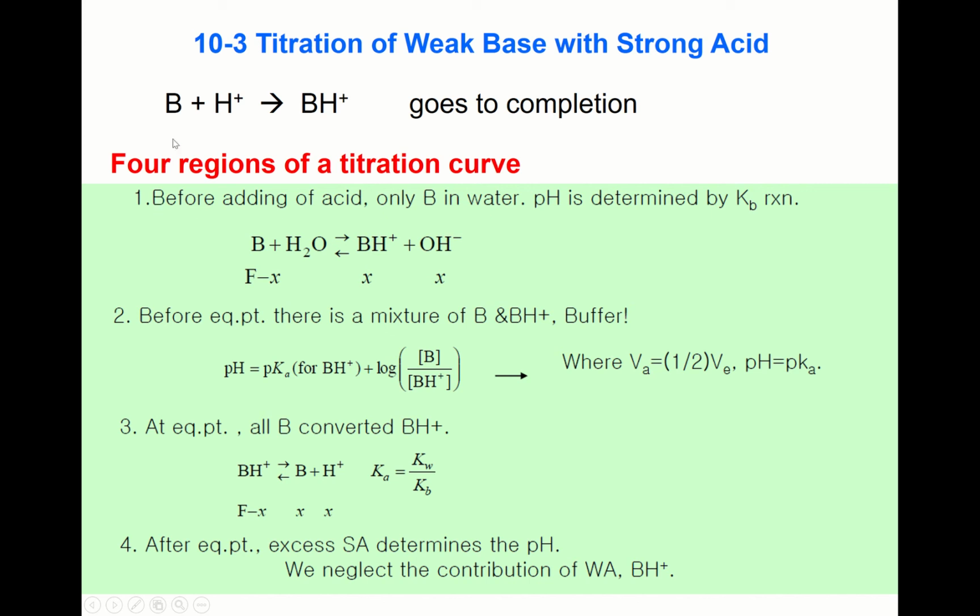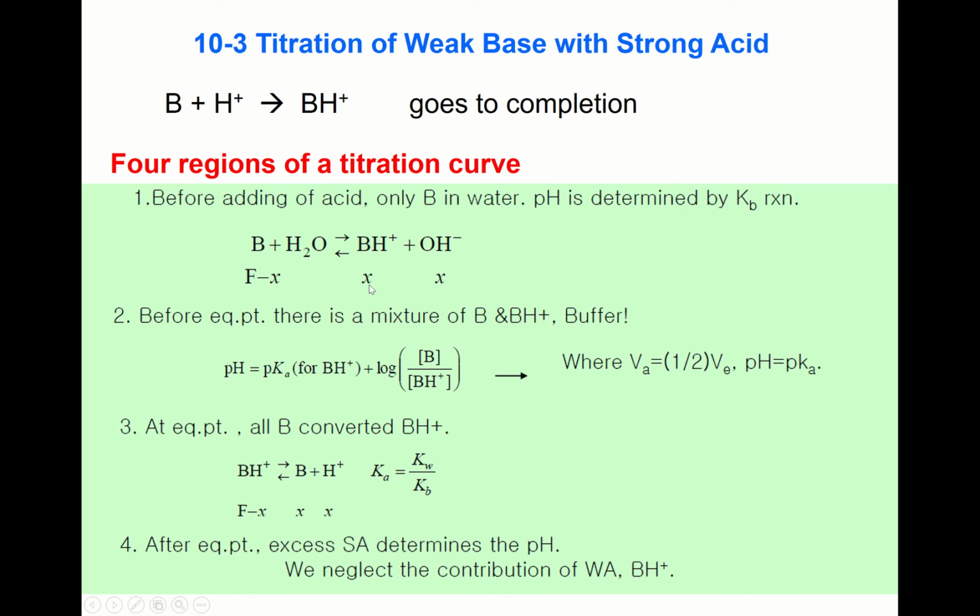In this case, B now reacts with water and produces BH plus cation and OH minus anion. Since it produces the hydroxide anion, this one acts as a weak base.